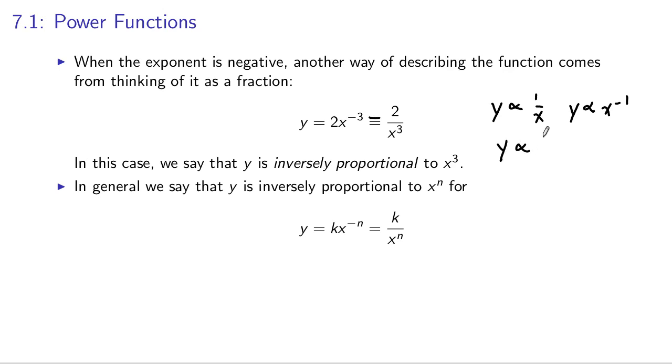If I say y is inversely proportional to x cubed, that means y is proportional to x to the negative 3 by the rules of exponents. So in general, we say y is inversely proportional to x to the n when we have some constant k and a negative exponent, and we say inversely to the positive exponent. These are equivalent.